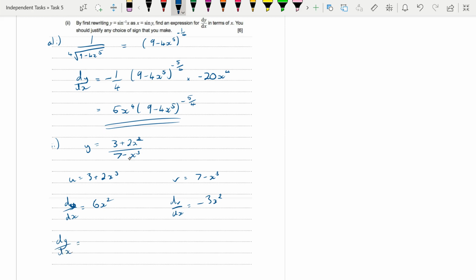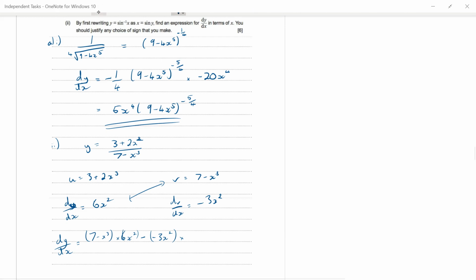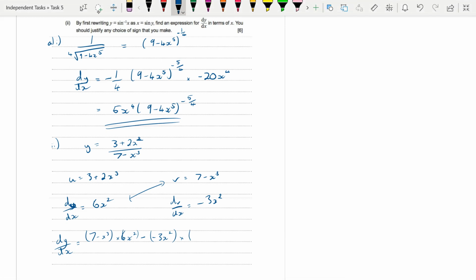So I can now use my quotient rule, which is on the front page of our formula booklet. So the first two have to be these two. So v du dx, so 7 minus x cubed times by 6x squared. Take away the other two times each other, so I've got minus 3x squared times by, I'm going to put some brackets around these so we can see where they've come from, my 3 plus 2x cubed.